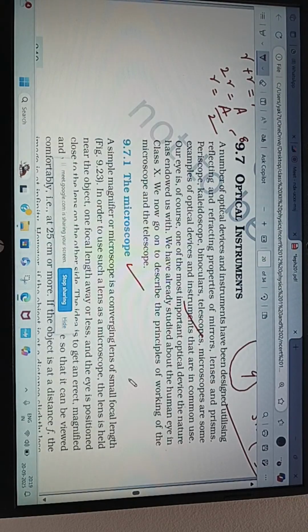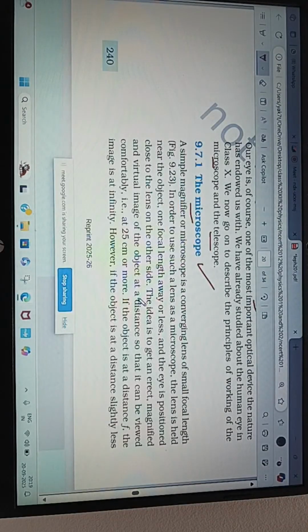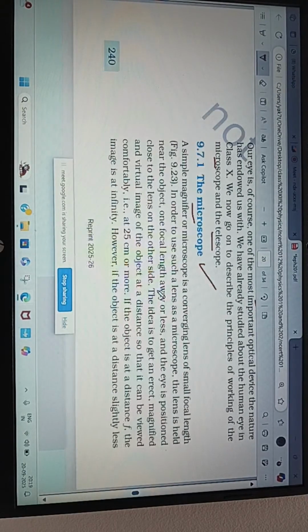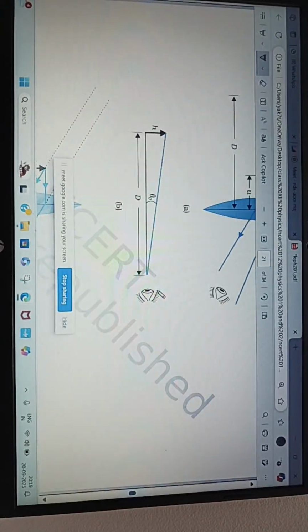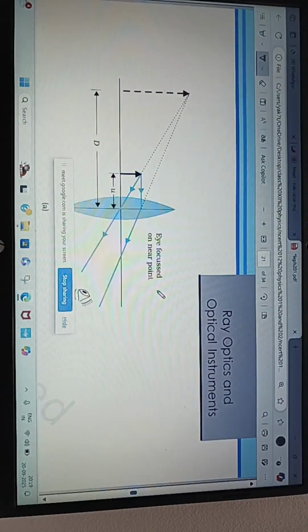It is just like a magnifying glass. The other one is the telescope, a device used to see faraway objects clearly using a lens combination. Is the introduction enough? Yes, sir.